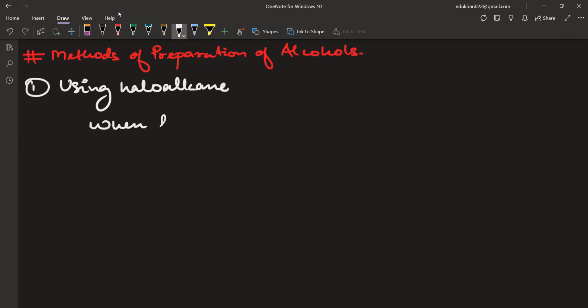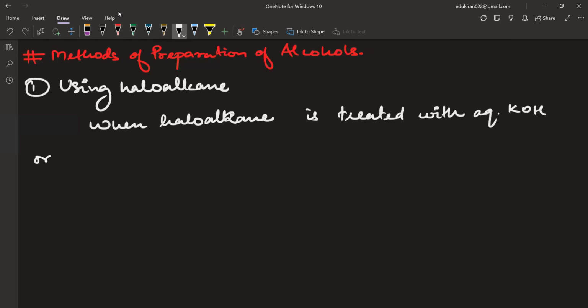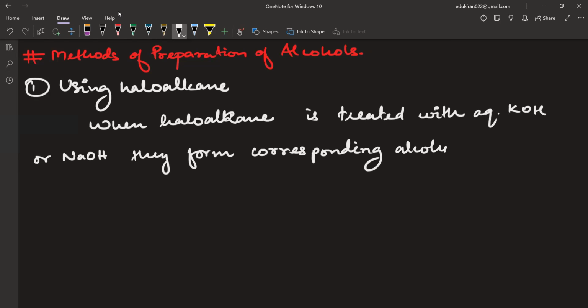When haloalkane is treated with aqueous KOH or NaOH, they form corresponding alcohols.